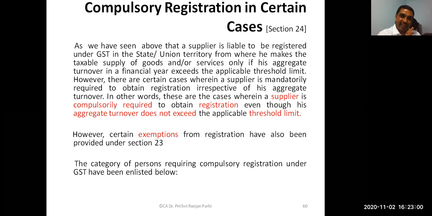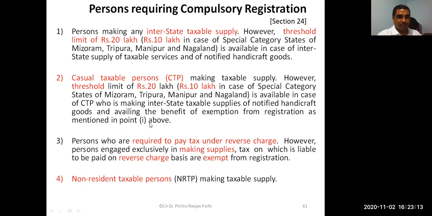And there are certain exceptions to these sections also that we will be learning. First, we will see what are the situations of compulsory registration, then what are the exceptions or exemptions to this compulsory registration process. First let us see the situations where compulsory registration is required and who are the persons who require to get themselves registered compulsorily.